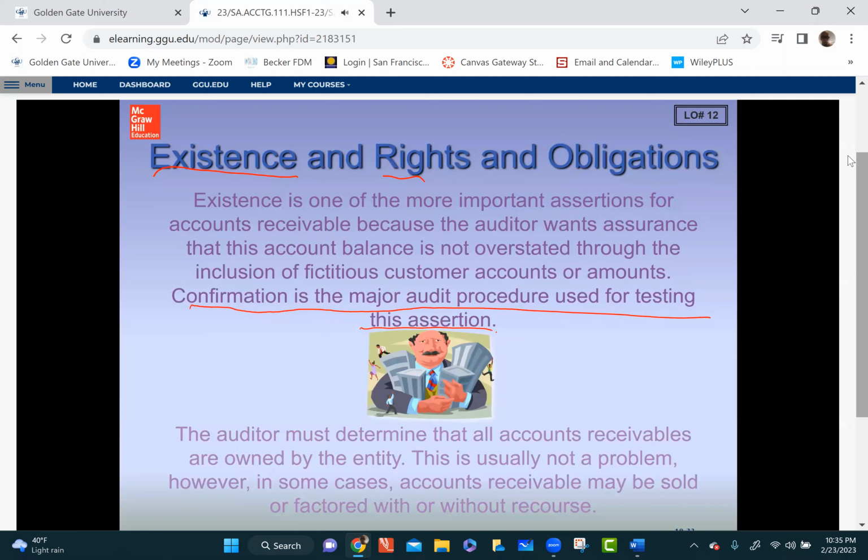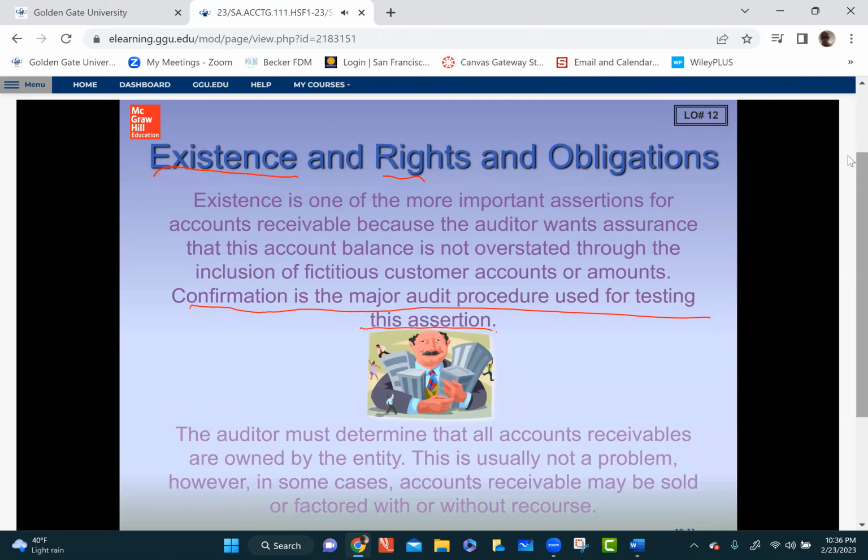So we'll have a sample of accounts receivable that will be pulled by the software, and we'll send those letters out. And when we send those out, they are controlled by the auditor. So even though on the letterhead it'll be the client's name, because they're not going to recognize the audit firm, they're going to recognize the client name, when that confirmation comes back, it comes back directly to the auditor.